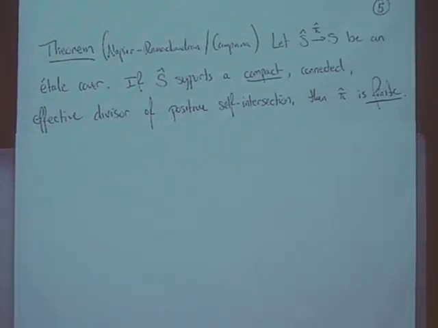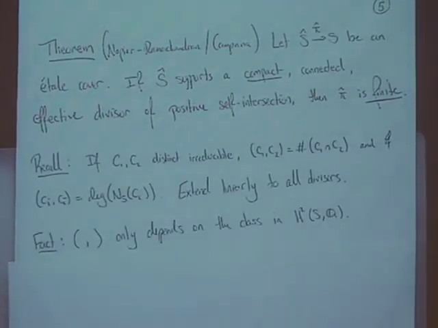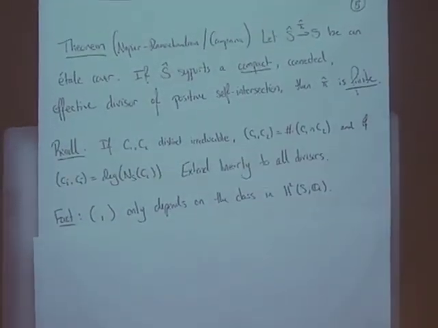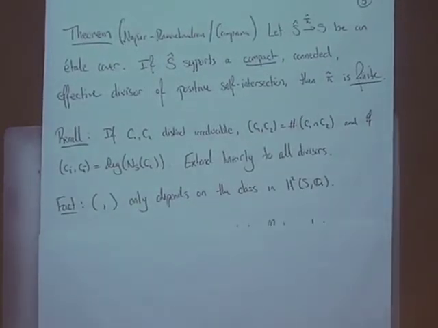And that's the fact that we're going to put together to prove this theorem. And for those who aren't so up on their intersection theory, there's the definition, and you can really just work in H2. That's the sort of thing that's going to come up a bit later. This intersection form only depends on H2.